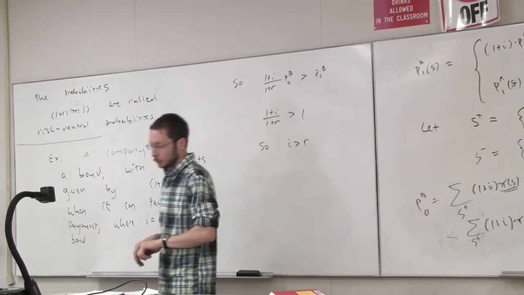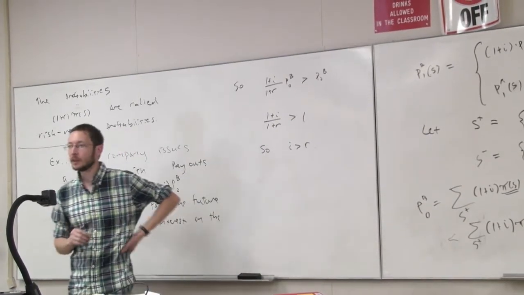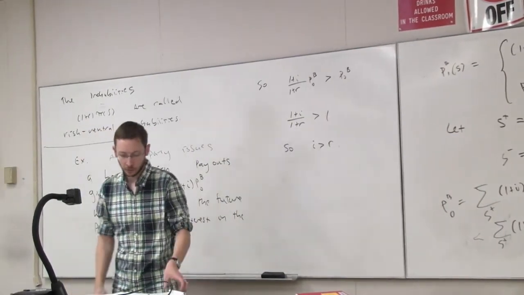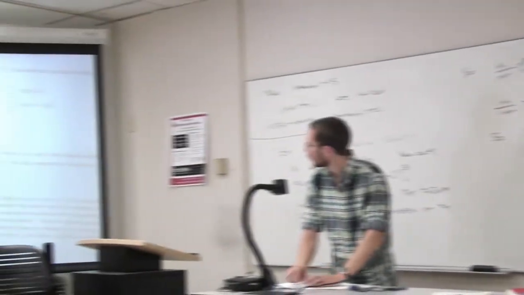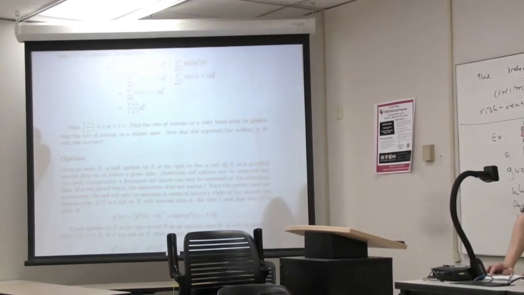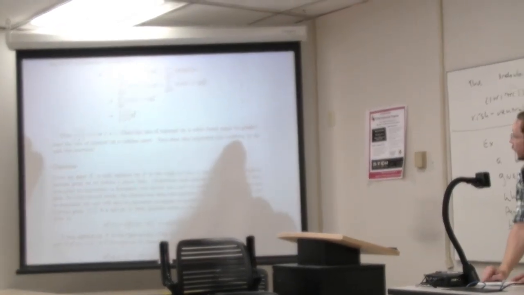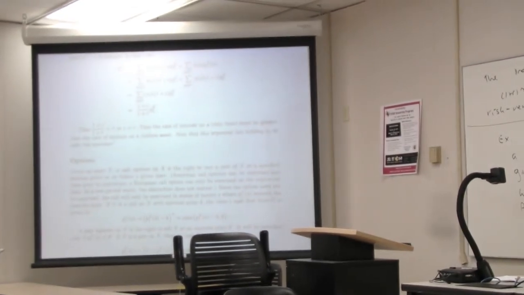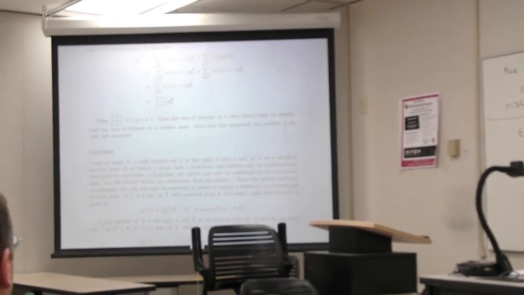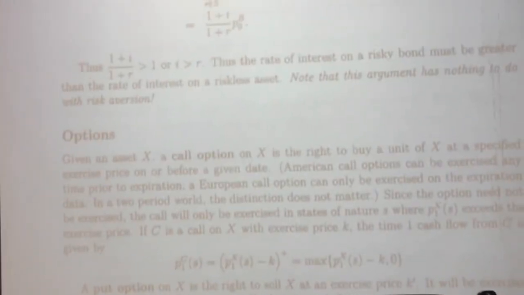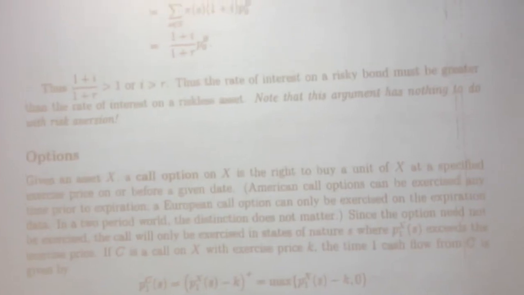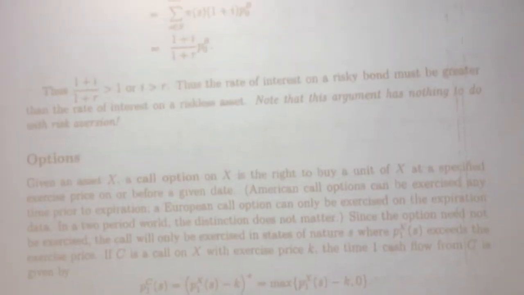And even though that sounds like risk-averse behavior, it turns out it's actually not risk aversion. This is what we were talking about with risk neutrality. This argument has nothing to do with risk aversion. What it really has to do with is simply making sure that you get the risk-free rate on average, right?